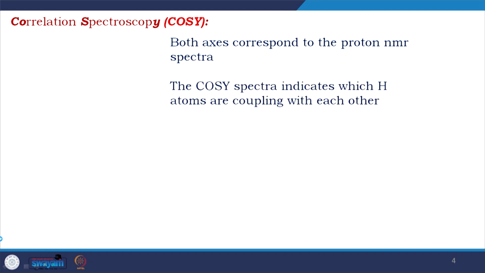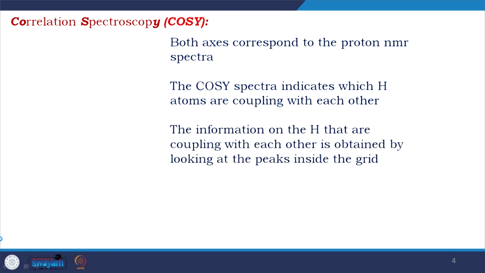So, a little bit of detail about correlation spectroscopy, COSY. Here both the axes correspond to the proton NMR spectra, 1H and 1H. The COSY spectrum indicates which hydrogen atoms are coupling to another. The information on the hydrogens that are coupling with each other is obtained by looking at the peaks inside the grid.